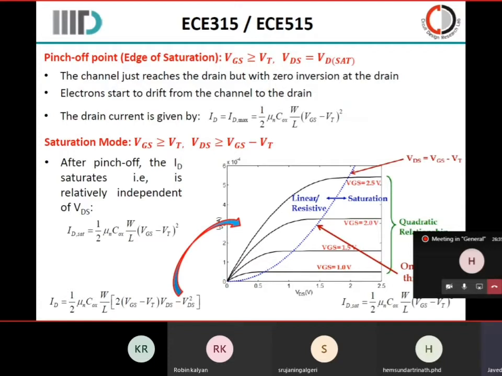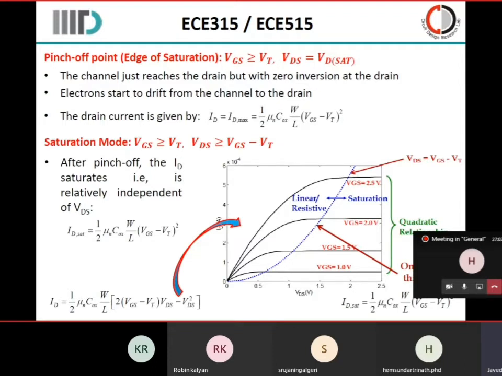Let's see the pinch off point and the edge of saturation, where VGS is going to be greater than VT, and VDS is going to be equal to VDsat. The channel just reaches the drain. There is no depletion region beginning anywhere, but with zero inversion in the drain.